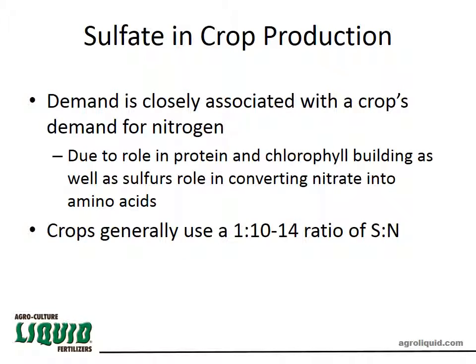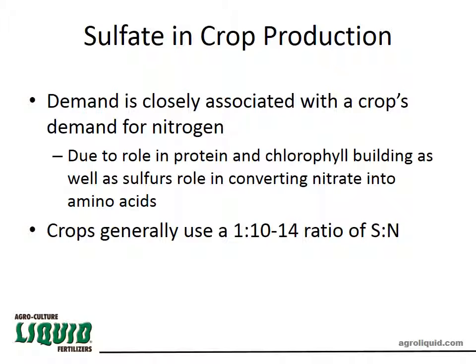So as you can probably see from the previous slide, sulfur's role within the plant is very similar to nitrogen's role in that they are both responsible for protein synthesis and chlorophyll building and those types of physiological processes. So you can also deduce that sulfur's demand in the plant is closely associated with the crop's demand for nitrogen.